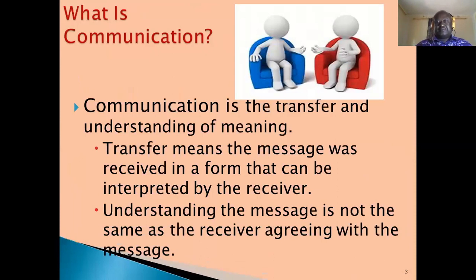What is communication? As you can look before you, we have two people who are trying to communicate. Communication is the transfer and understanding of meaning. A transfer means the message was received in a form that can be interpreted by the receiver. Understanding the message is not the same as the receiver agreeing with the message.